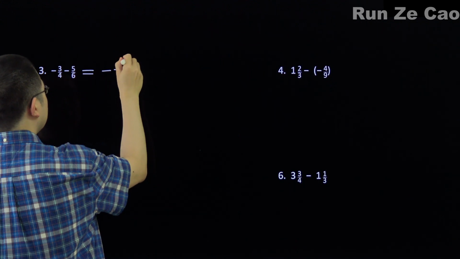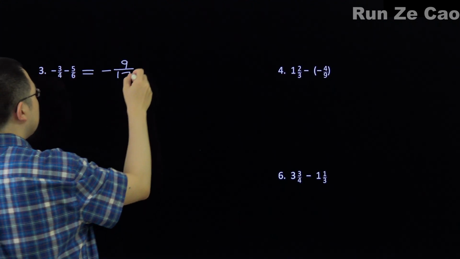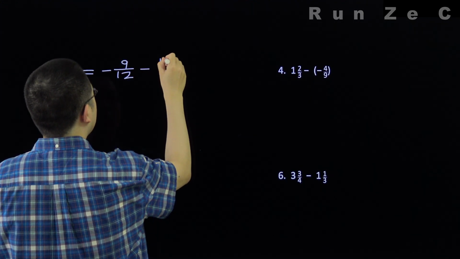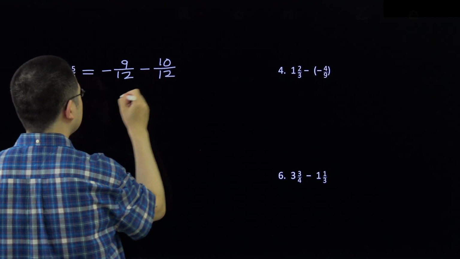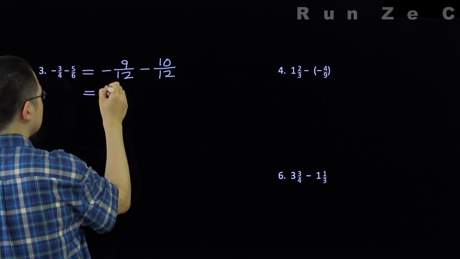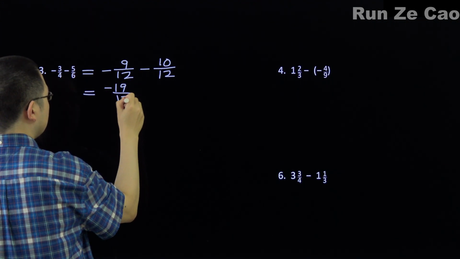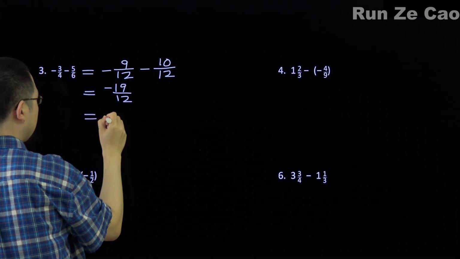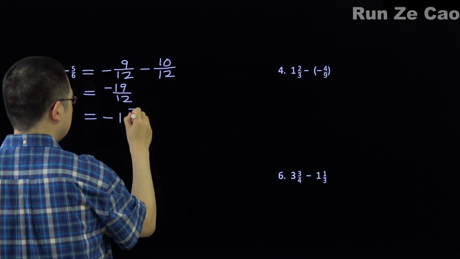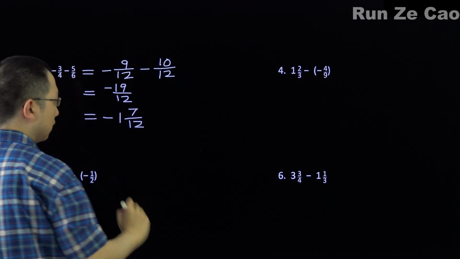How many 12s though? This is 9 over 12, and then minus 10 over 12. So negative 19 over 12. Negative 1 and 7 over 12.